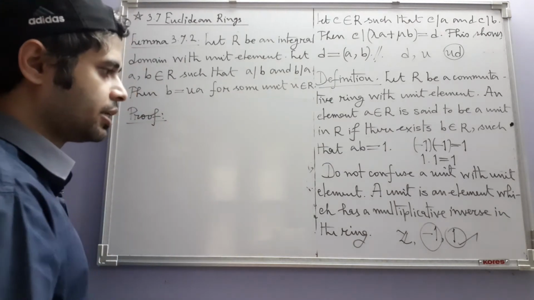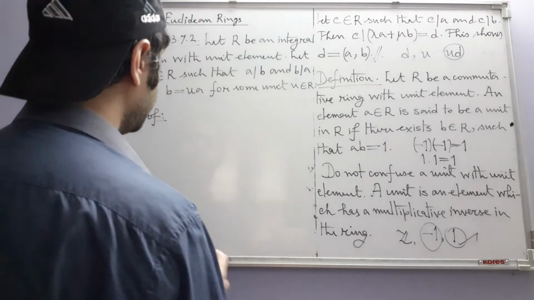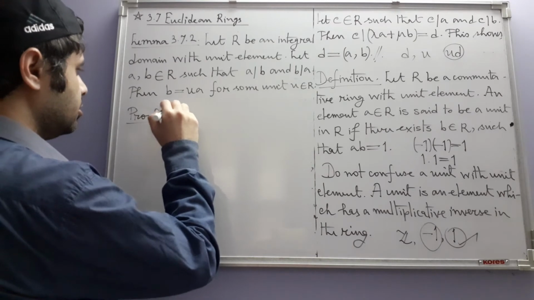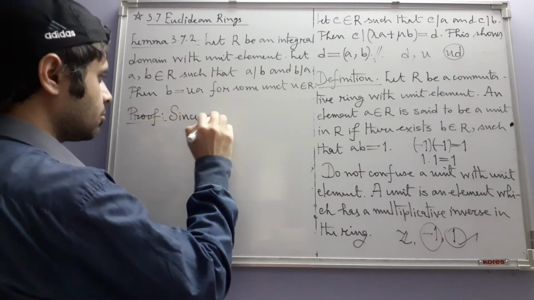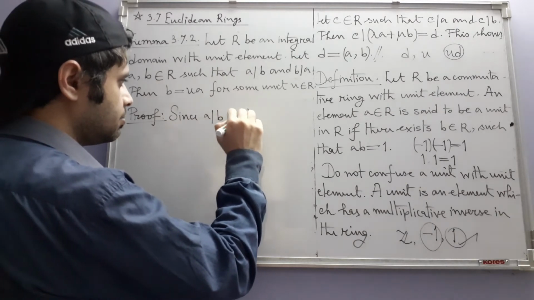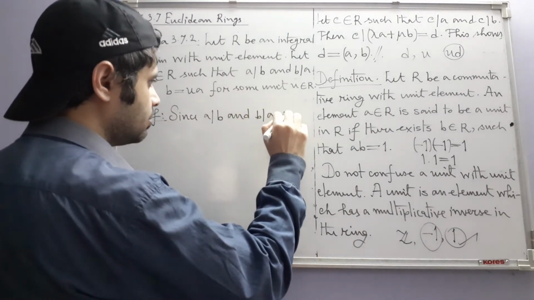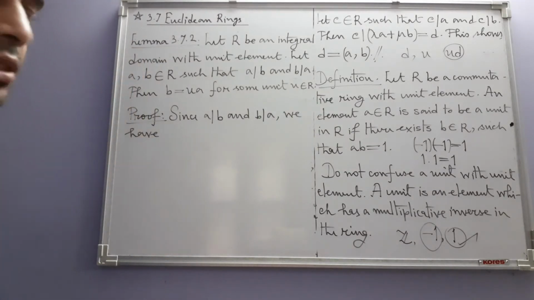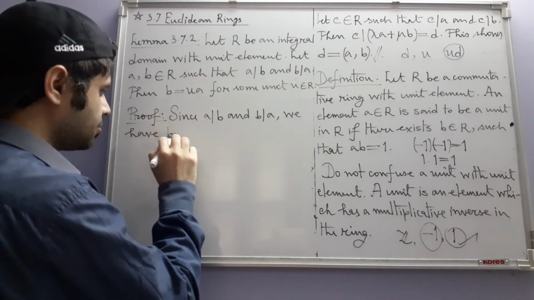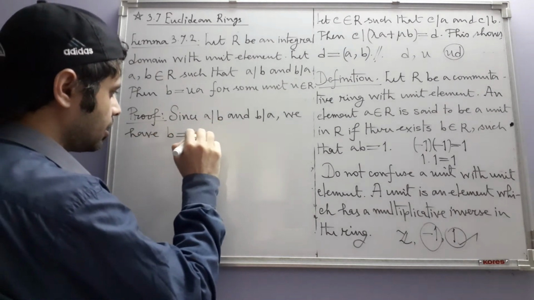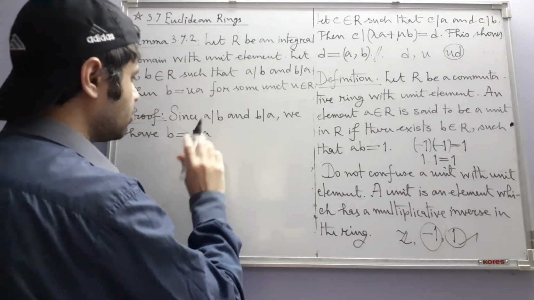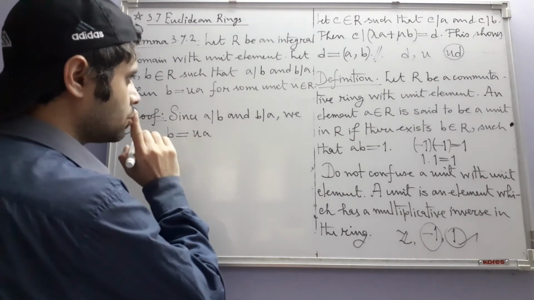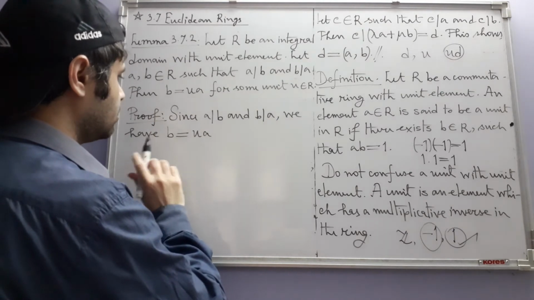Okay, so now we are in a more general setting of Euclidean rings. Integers is one example. Okay, so since A divides B and B divides A, we directly use the definition of divisibility. So here B will be a multiple of A. Let B equal to UA, or we can confuse that U with this one, right?